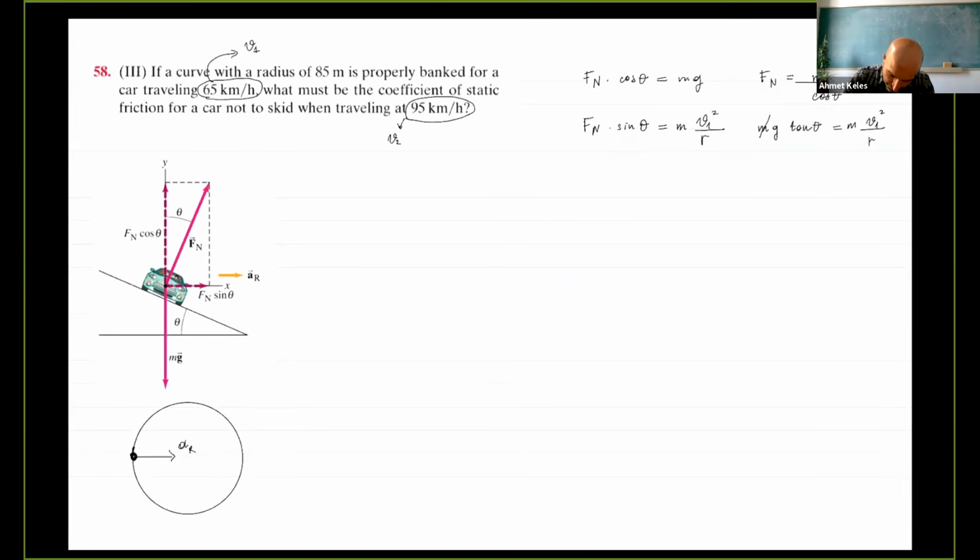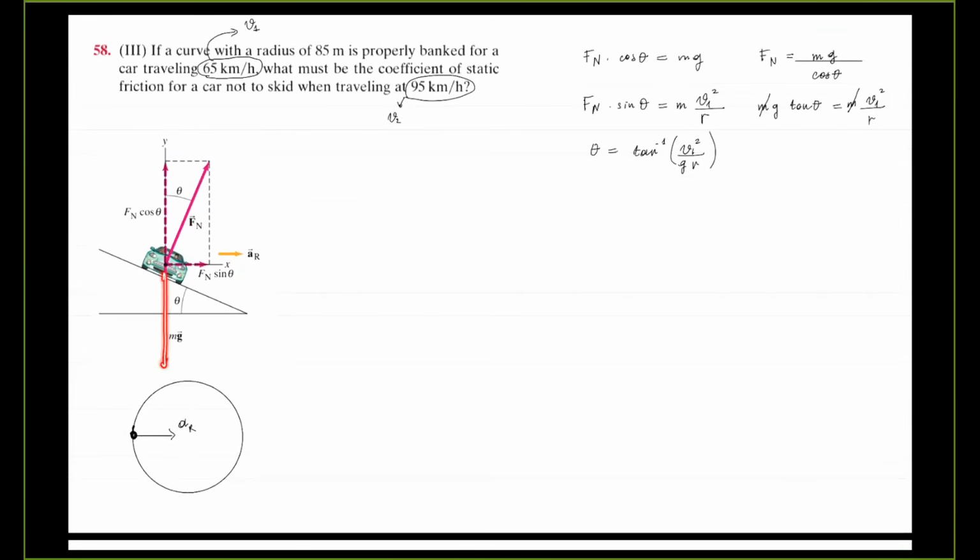Cancel m. And this gives me an angle for theta. Theta is inverse tangent v1 squared divided by g times r. Good.